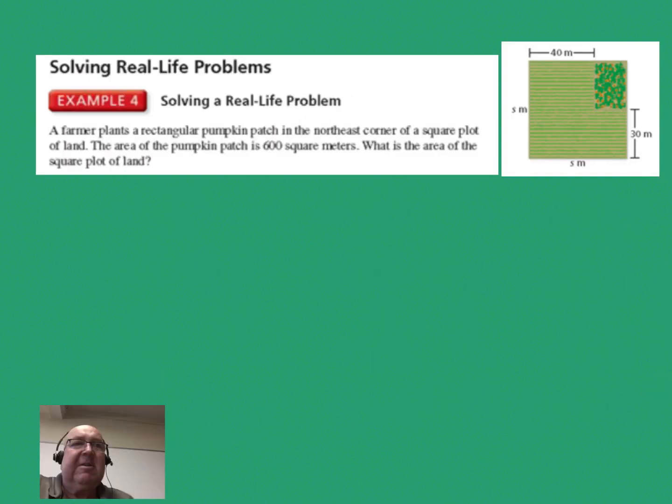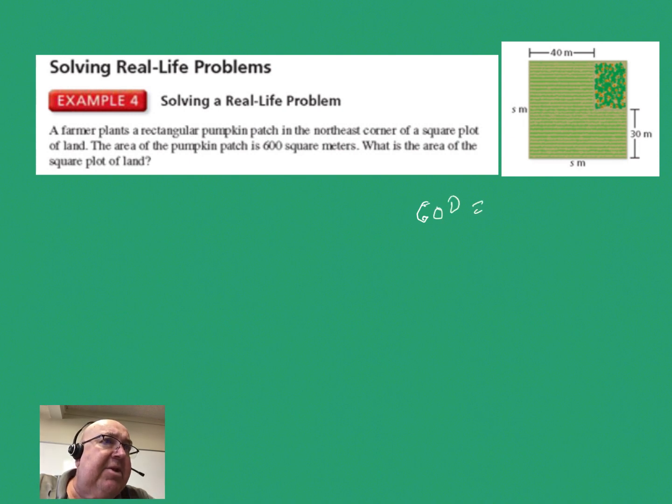And a word problem. A farmer plants a rectangular pumpkin patch in the northeast corner of a square plot of land. The area of the pumpkin patch is 600 square meters, so we have 600 is equal to s minus 30 and s minus 40.